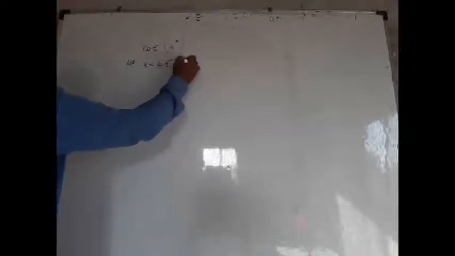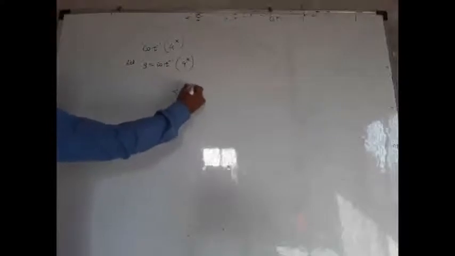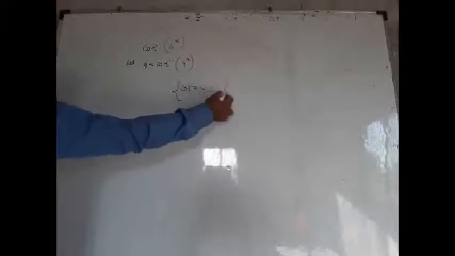Cot inverse of 4 raised to the x. Let y is equal to the cot inverse of 4 raised to x. Now, what is the derivative of cot inverse of x? It is minus 1 upon 1 plus x square.